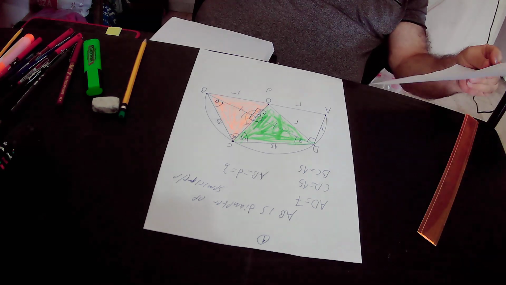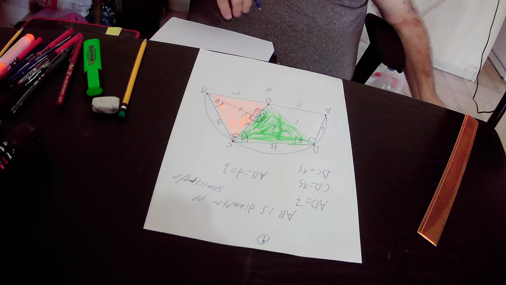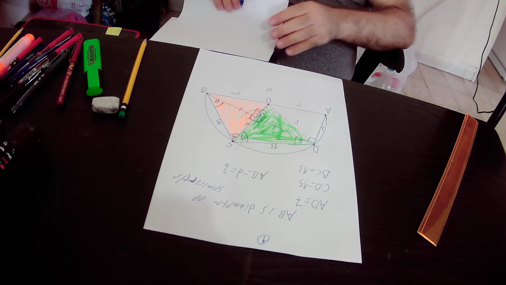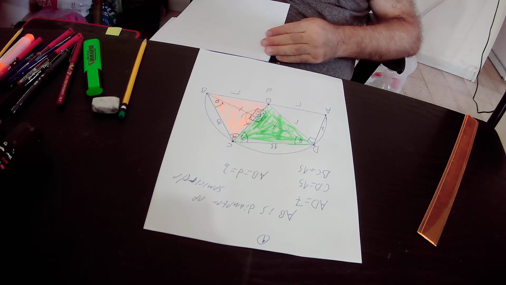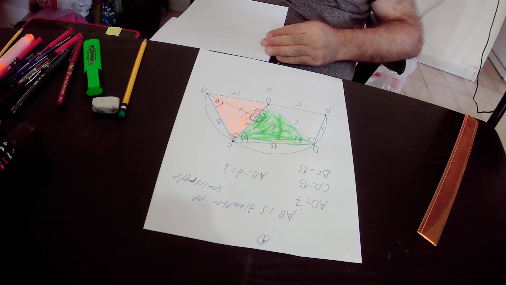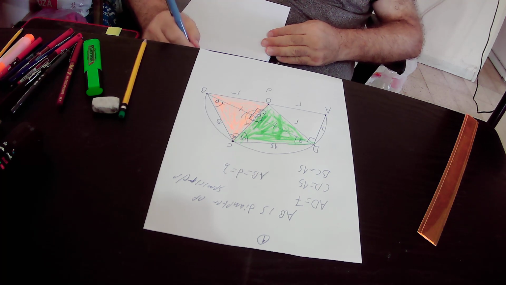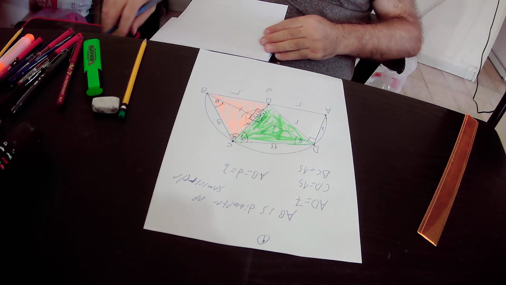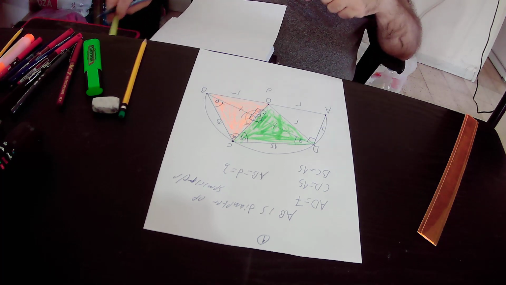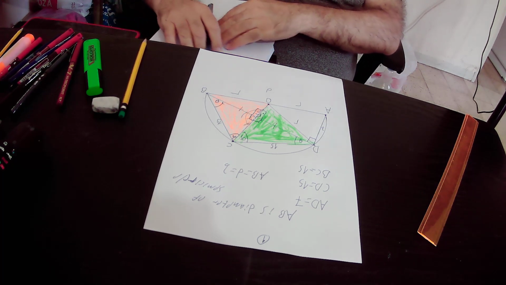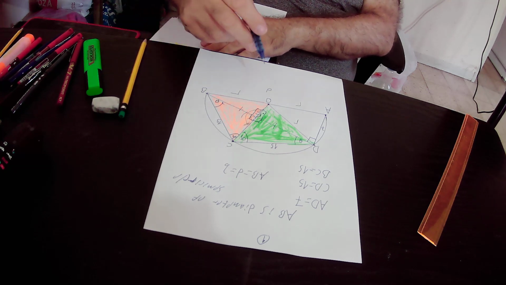Okay, so in the next step we will focus on two triangles. We will focus on triangle ADB. I will draw again triangle ADB.